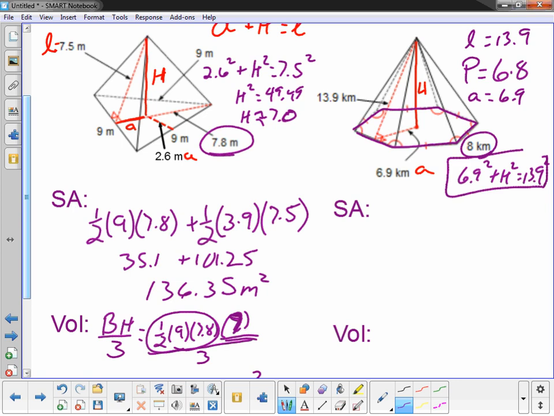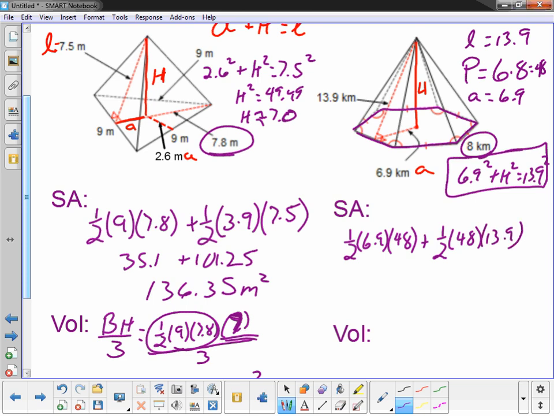So remember this little formula, because that's going to come back to get us. Surface area is the area of the base, so 1/2 the apothem, 6.9, times the perimeter, which is 6 times 8, which is 48, plus 1/2 that 48 times the slant height of 13.9.